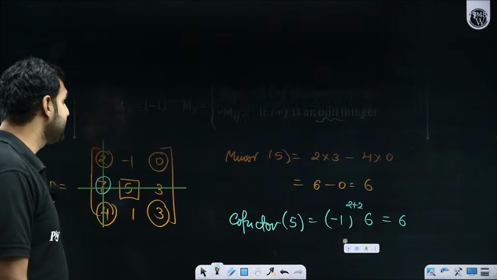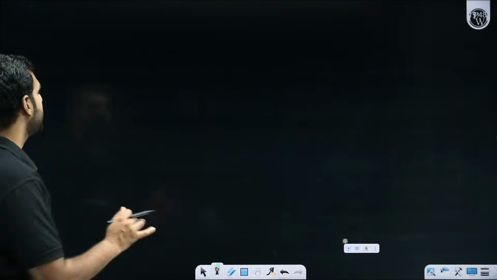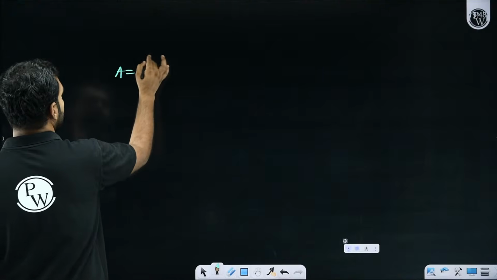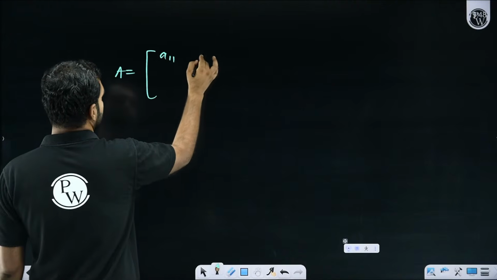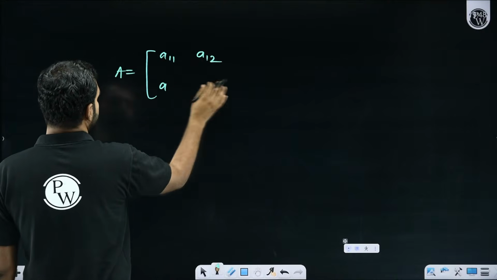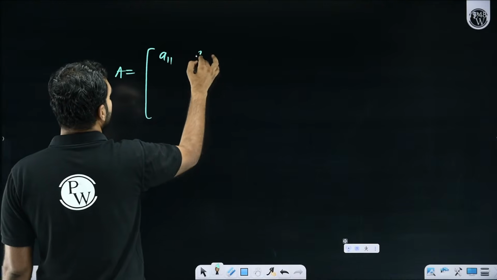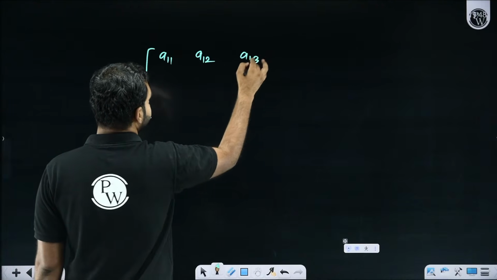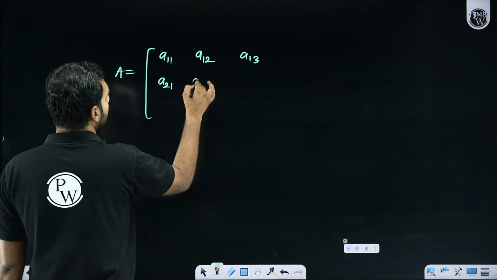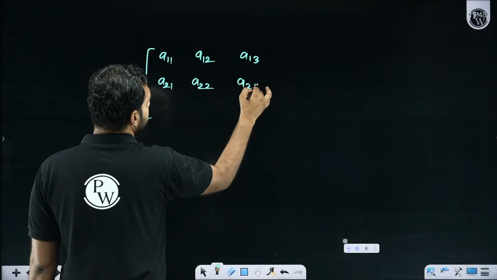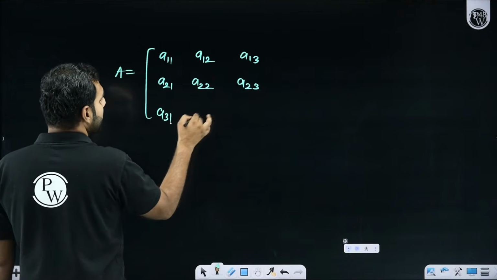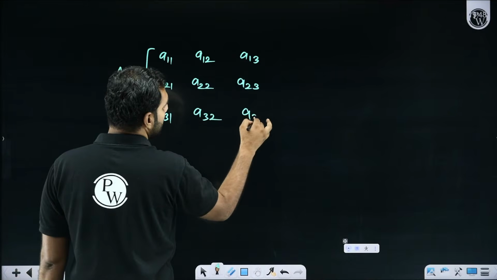Now, if we have discussed minors and cofactors, shall I not tell you? Let's say there is a matrix A whose elements are A11, A12. Let me take a 3 by 3. Its elements are A11, A12, A13, then A21, A22, A23, then A31, A32 and A33.